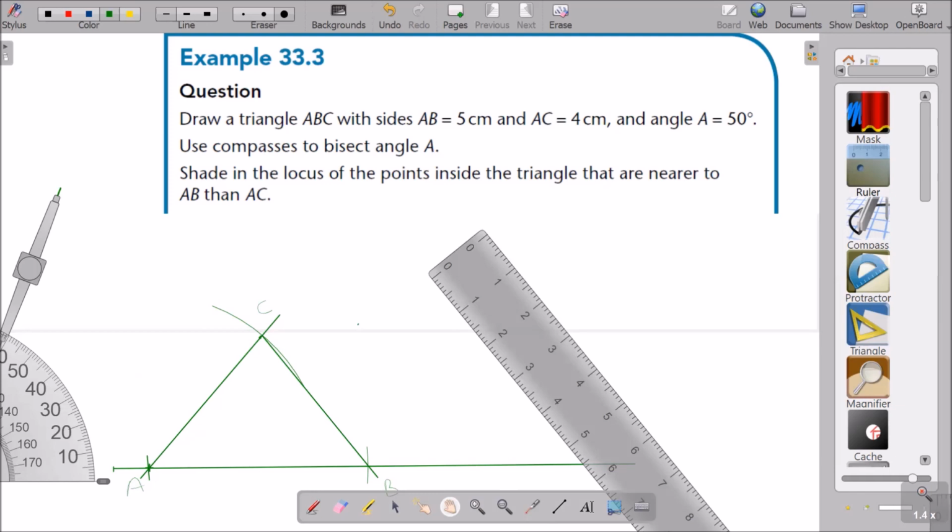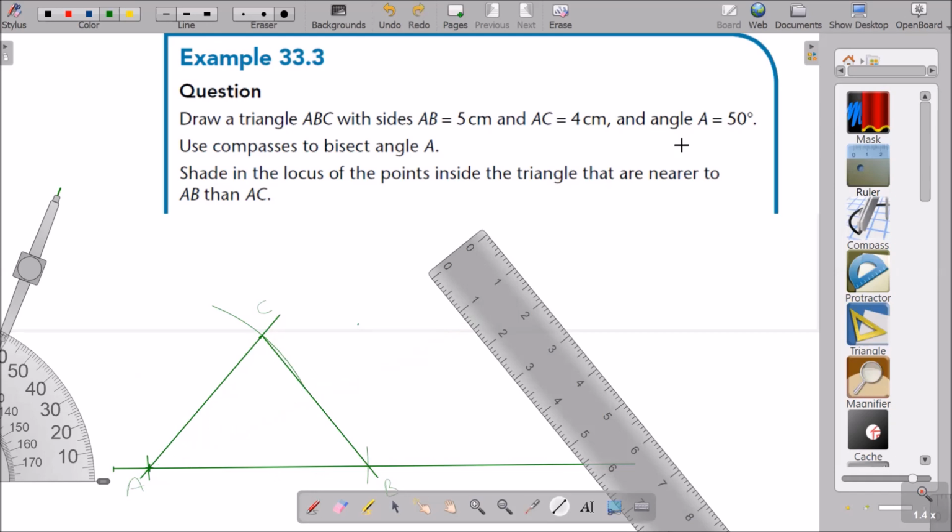So what we want to construct is an angle bisector there so that we get this line, which is an equal distance from AB and AC. Then we can shade this part which is closer to AB than AC.